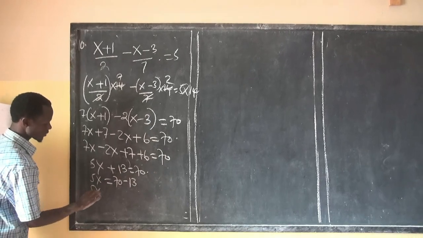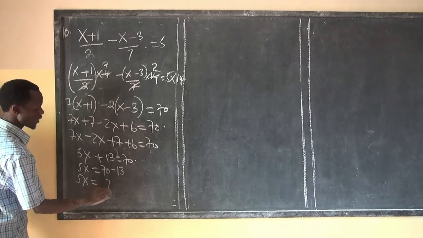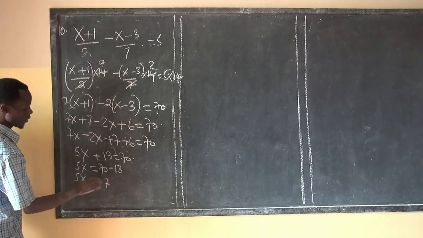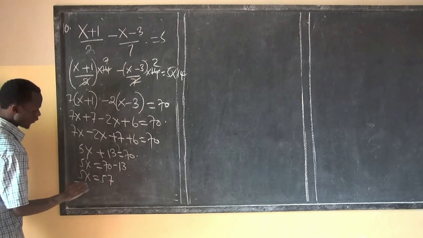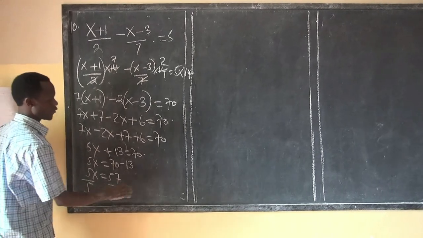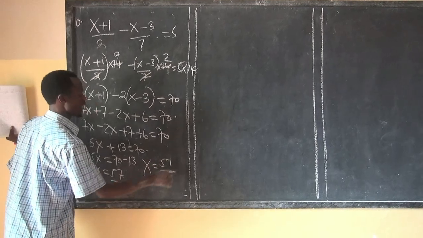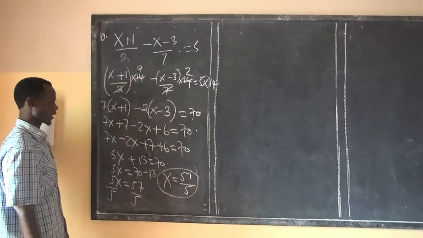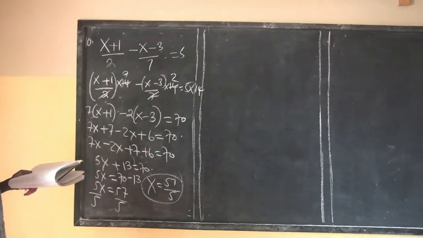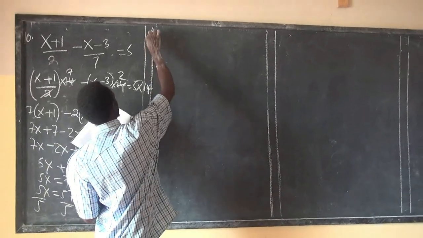Now 5x is equal to 57. Now we divide by 5. Now x is equal to 57 over 5. This is what we've been taught to find out. You have to understand.